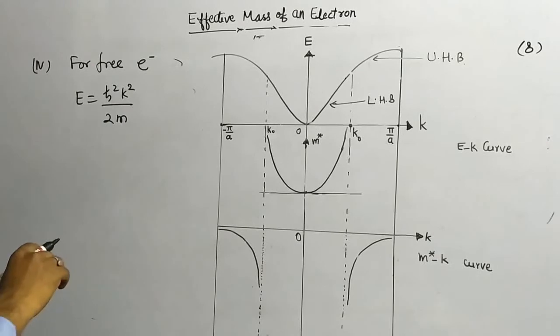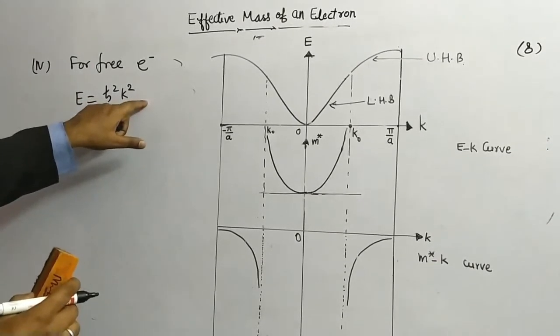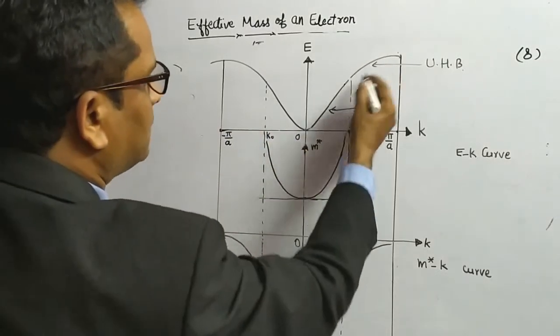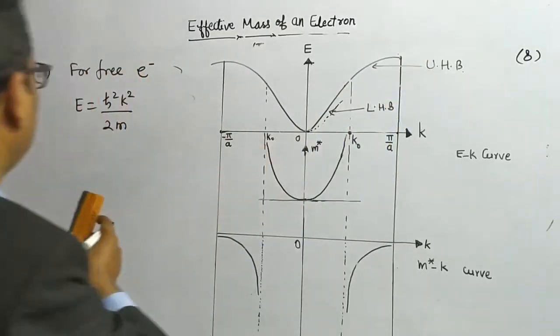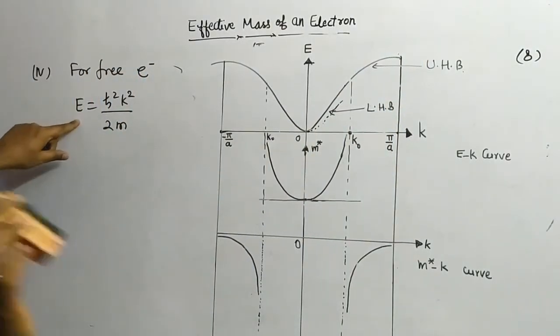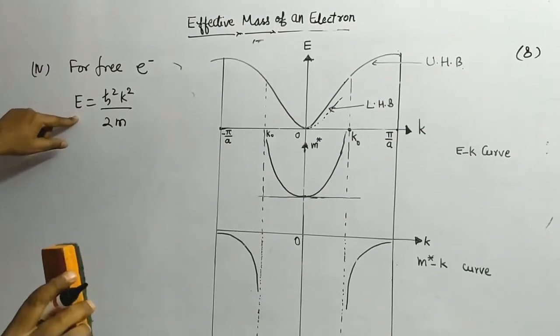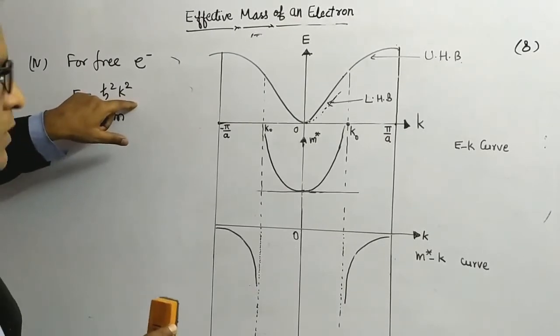So this is a parabolic dependence of energy E on k. For a free electron, this curve won't be like this, this will be like this, a parabolic dependence. But for a periodic potential, the dependence is not parabolic. Remember this thing. For a free electron, the dependence of E on k is parabolic.